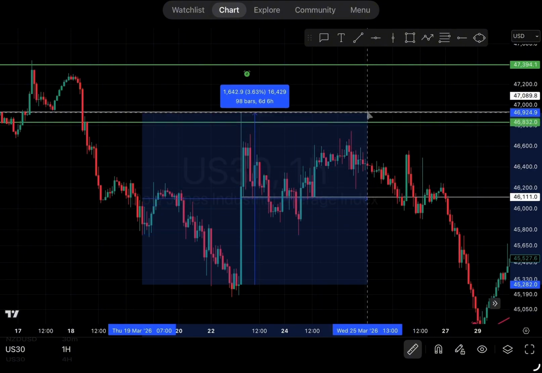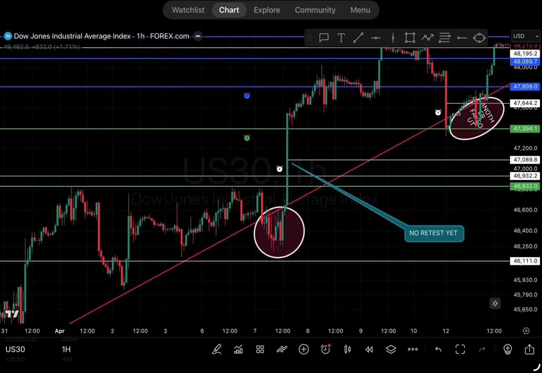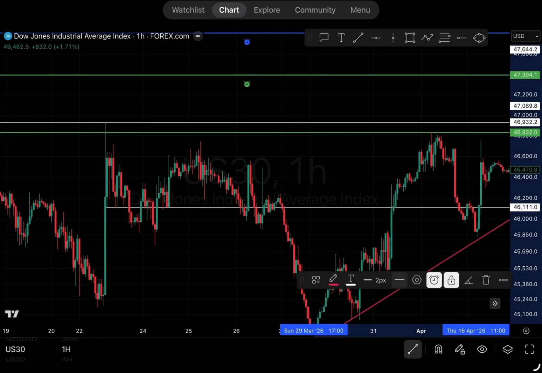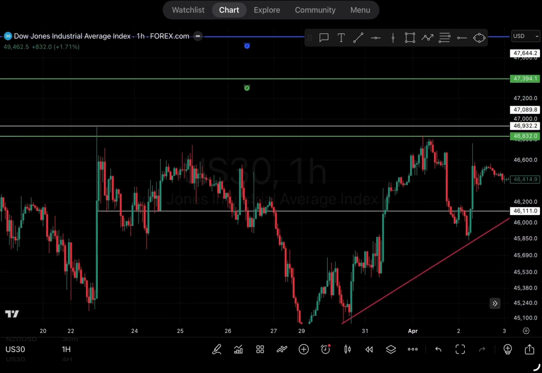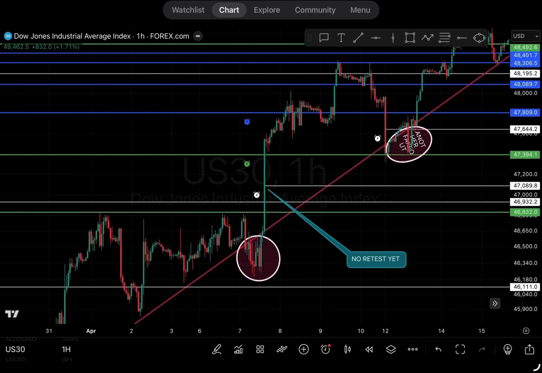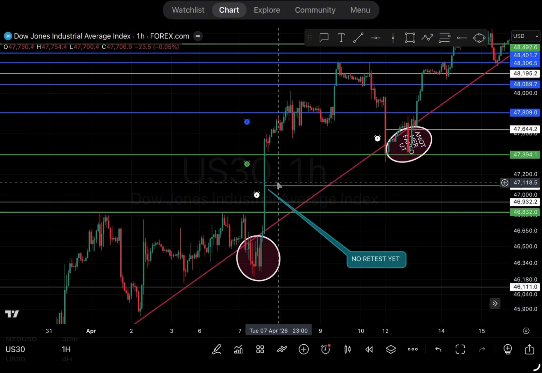But with the wick, we're looking at 1,600 pips. Okay, so two massive candles pushing up. This one already played on that 50, on that engulfing candle. This one surprisingly didn't, right? So that's why I put this no retest yet.